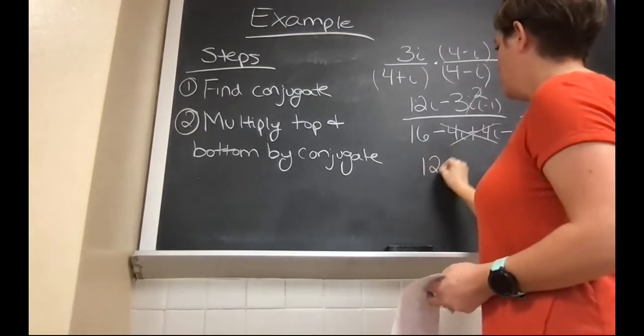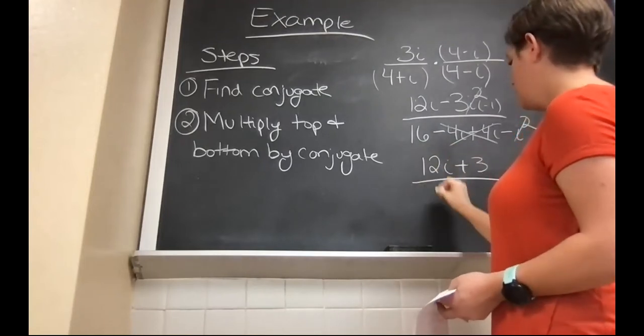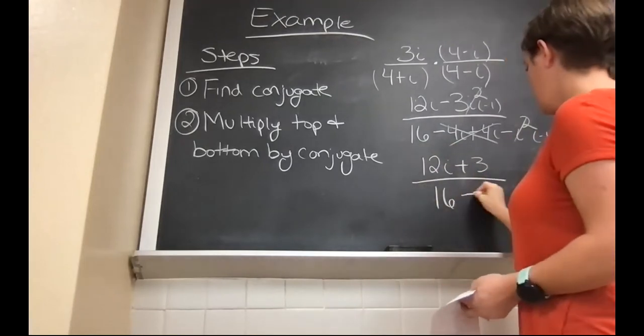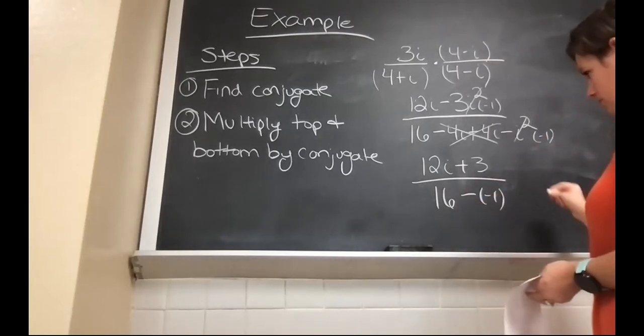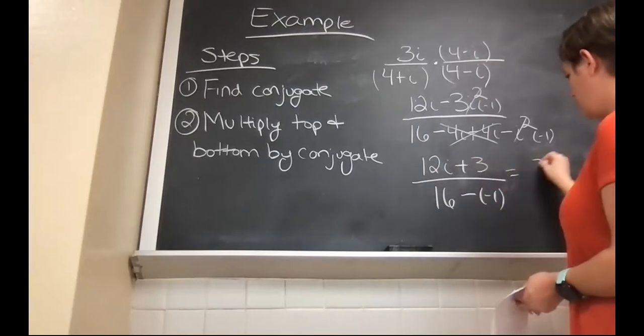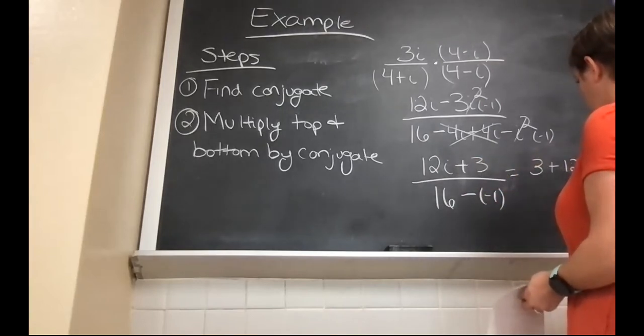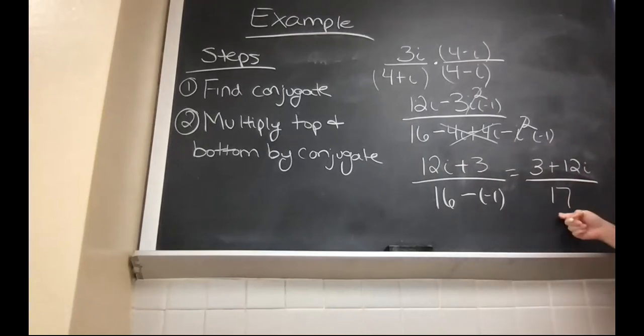So we have 12i plus 3 on top. And we have 16 minus a negative 1. So that's going to become a plus 1. So I'm going to flip-flop these so that we have 3 plus 12i all over 17. Now you can leave it like this. That is totally fine.